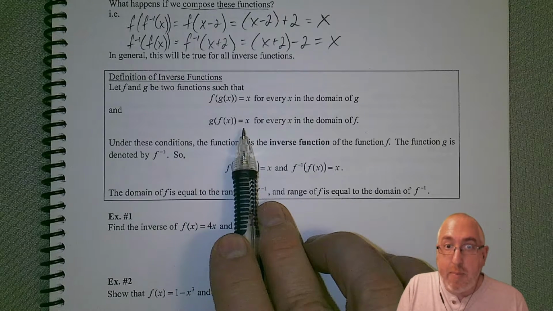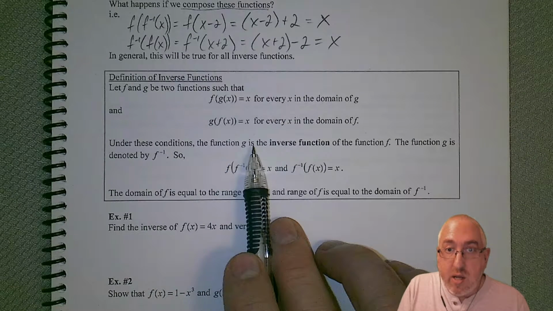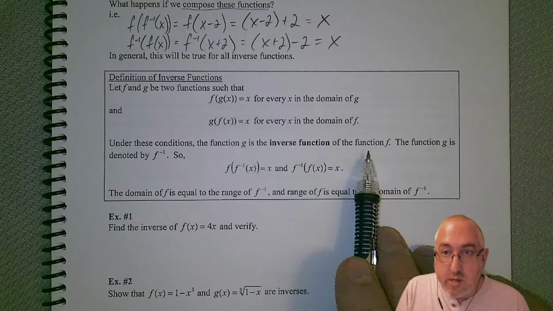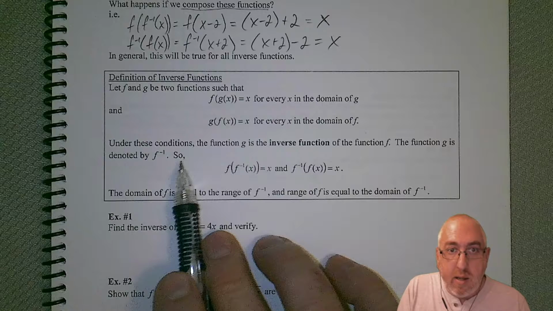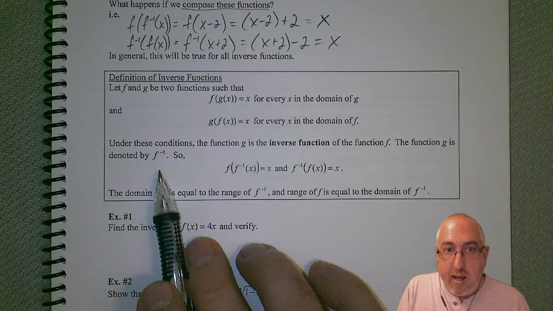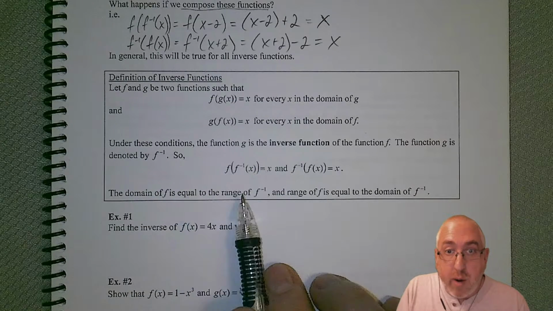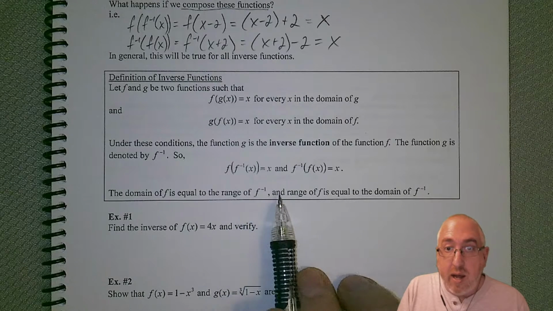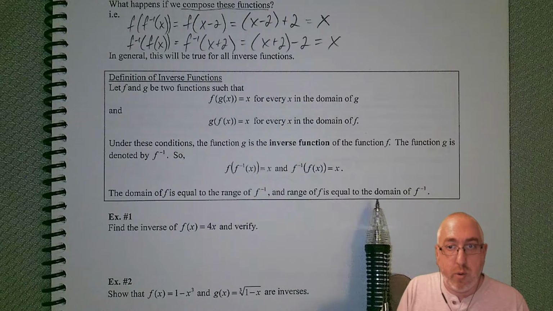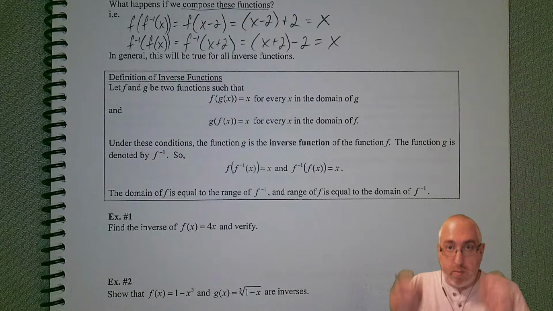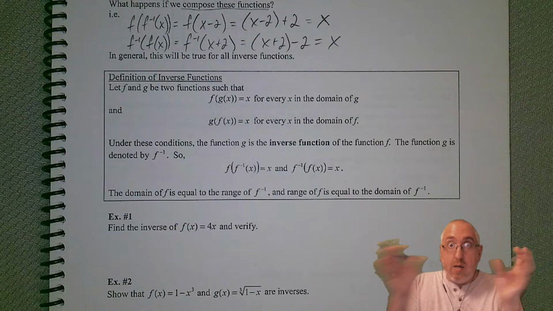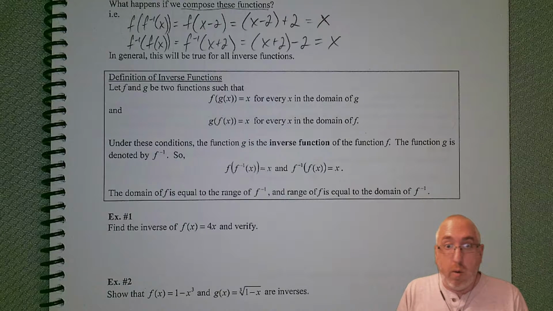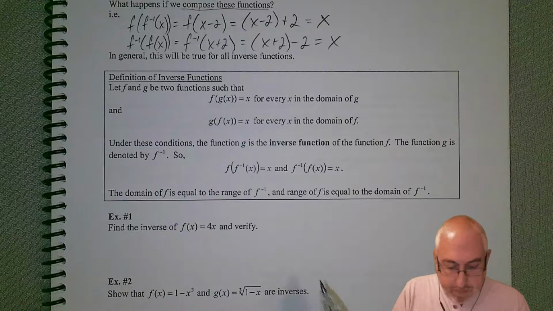When that happens, we can say that g is the inverse of function f, and we can call it f inverse. And so the domain of f is equal to the range of f inverse, and the range of f is equal to the domain of f inverse. So remember, those two sets swap.